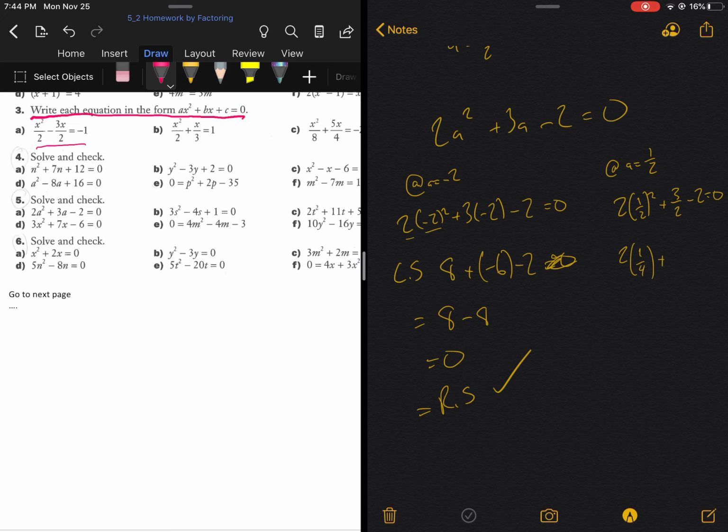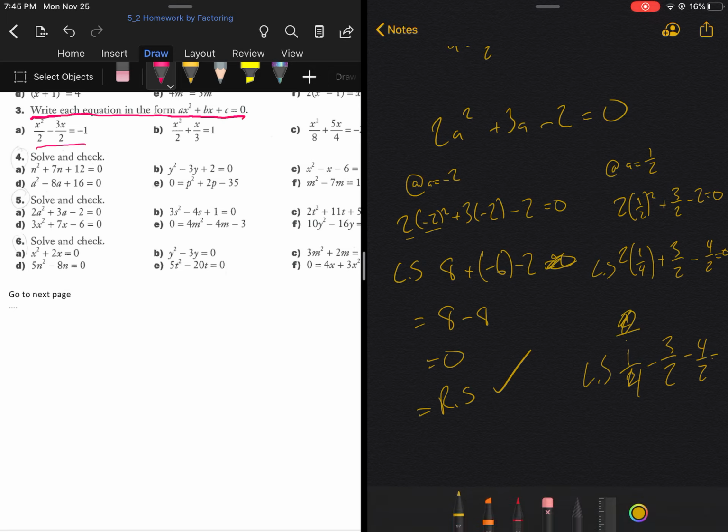Check. What about at a equals half? We have 2 times a half squared, 2 times a quarter, plus 3 over 2, minus 4 over 2, equals 0. Is that true?